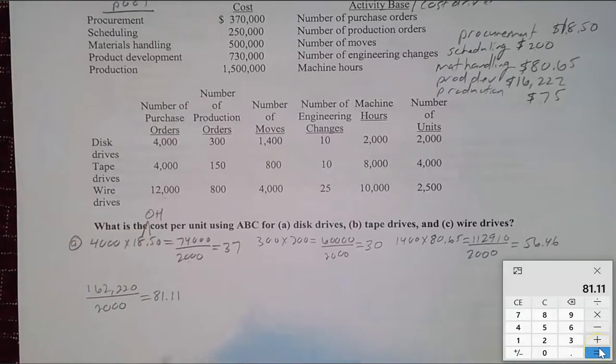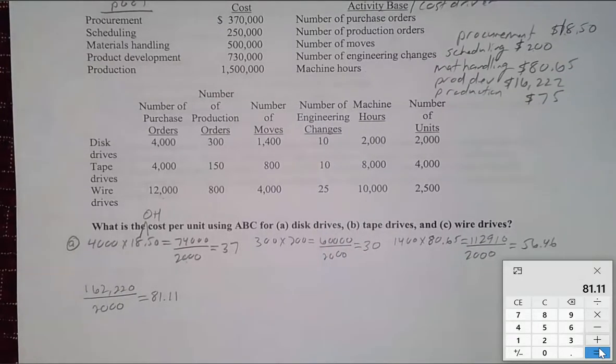Okay, and then we have one more part of this for disk drives. And let's see here, what do we have? We have production at $75 per machine hour, and for disk drives we had 2,000 hours.